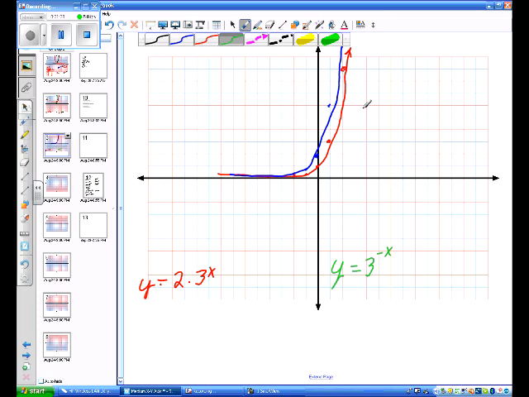When we negated the y, we reflected it across the x-axis. So that means we're going to take all of these points that we have in red and reflect them across the y-axis. So that was at 1/9. This one was at 1/3. That one's on the axis. This one's at 1 and then at 2.